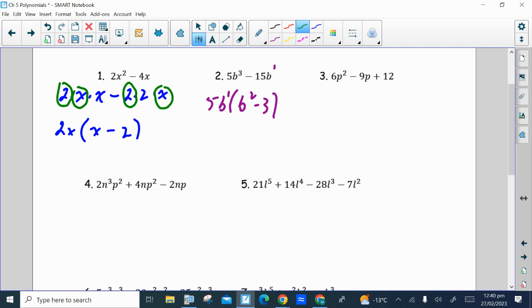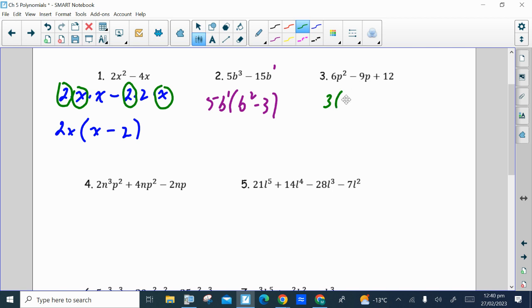Your greatest common factor cannot involve the letter p, because there is no p in that last term. In this case, the greatest common factor will just be a number. The largest number that divides into 6, 9, and 12 would be the number 3. That is the greatest common factor. Right? There are no p's in that last term, so the greatest common factor cannot involve p.